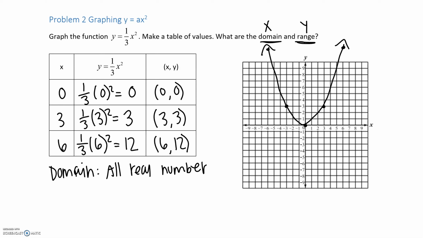And our range is all of our y values. So if our minimum is 0, that means that y is always going to be greater than or equal to 0.